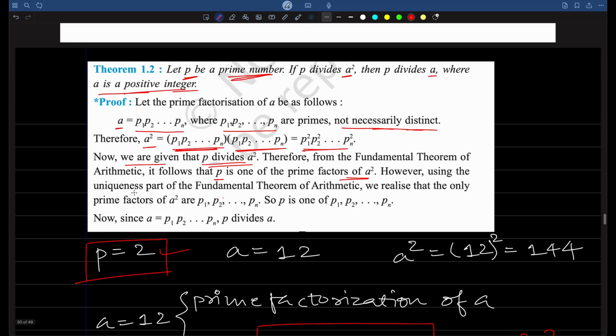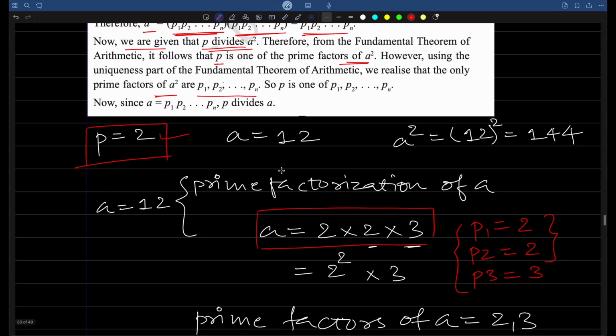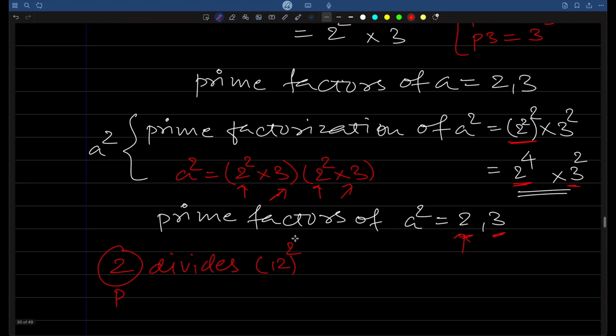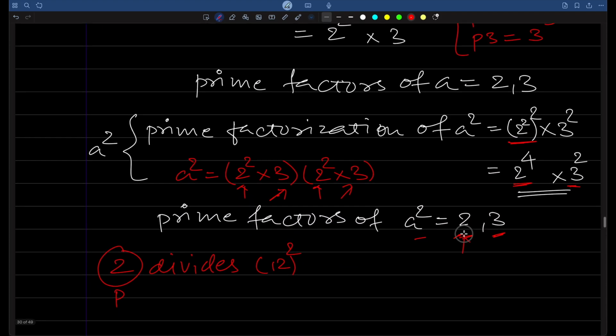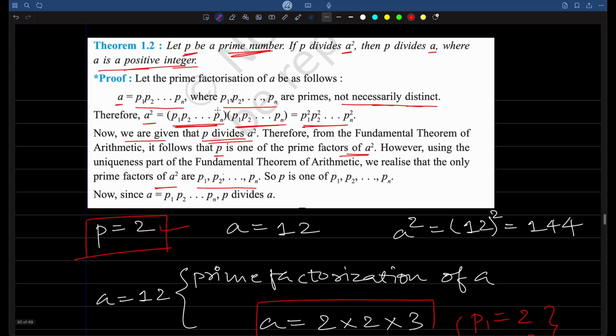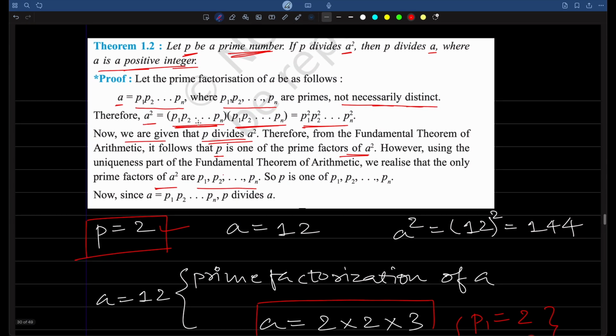However, using the uniqueness part of the fundamental theorem of arithmetic, we realize that the only prime factors of a square are p1, p2 and up to pn. That is, prime factors of a square, which is 2, 3, that is p1, p2, and not p1 square and p2 square.